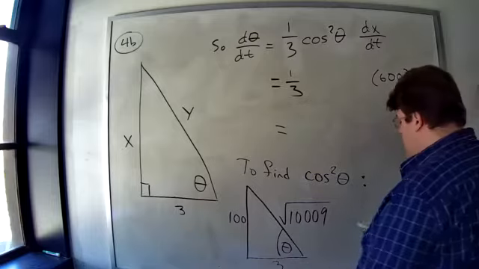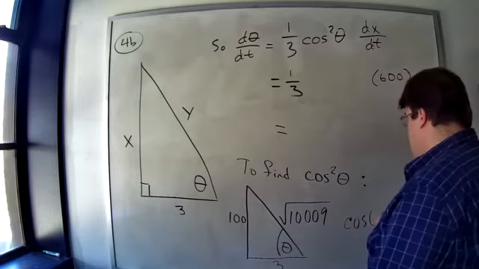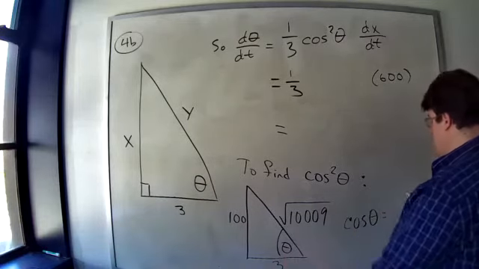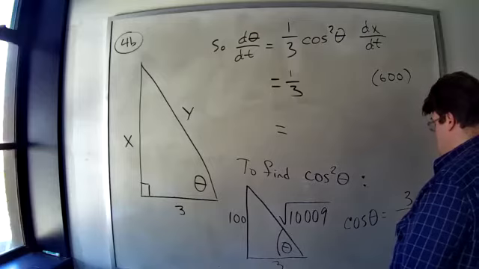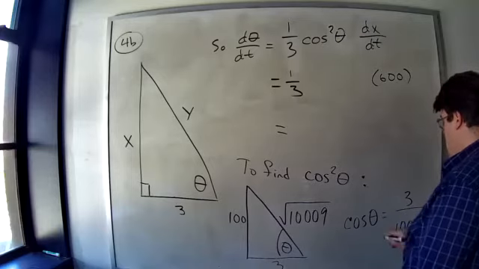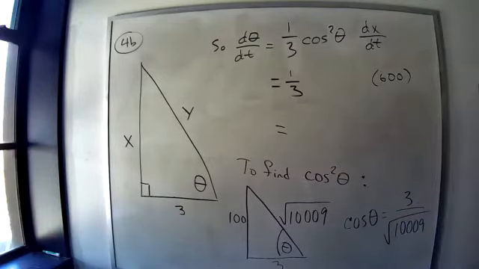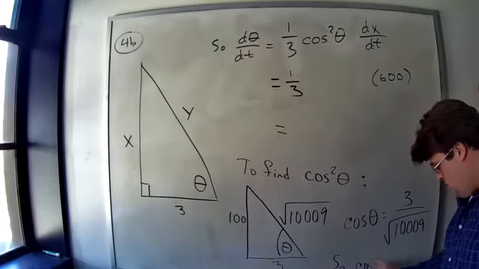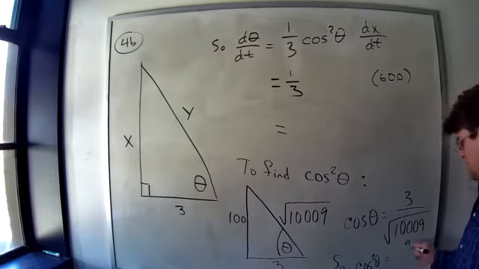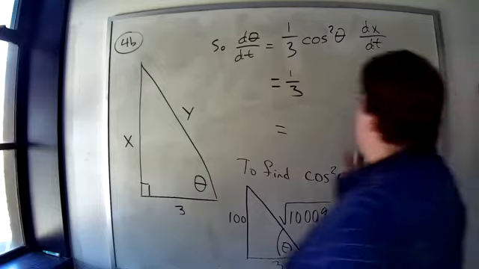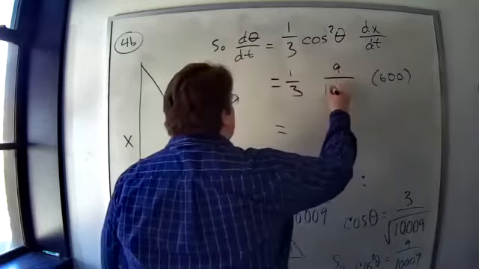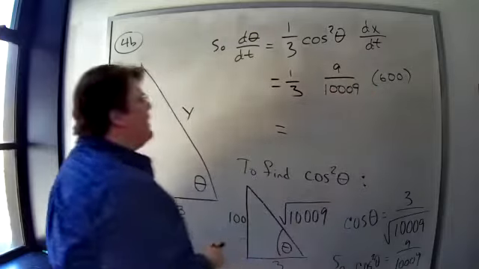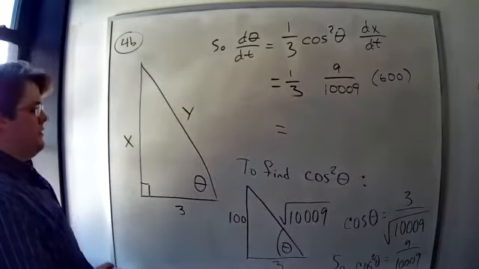But what's cosine of theta now? Well, cosine of theta is adjacent over hypotenuse. So cosine squared is that squared. So 9 over 10,009. Putting that up here, cosine squared, 9 over 10,009.